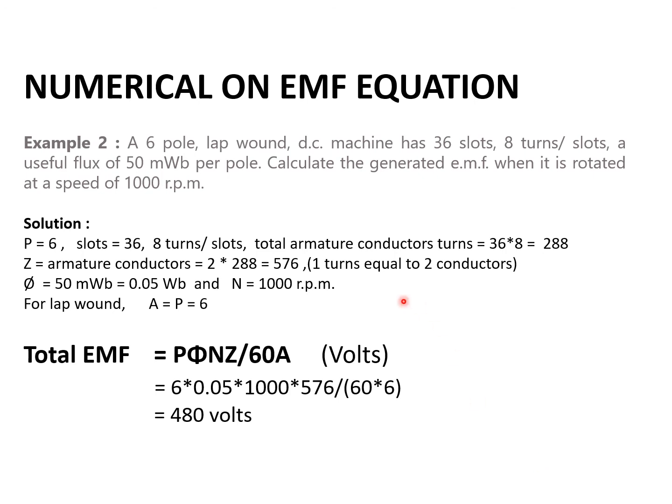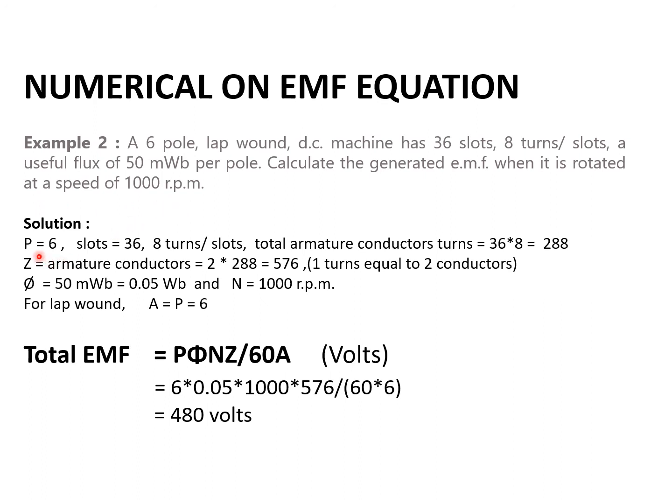In this way you can solve the numerical. Next: a 6-pole lap wound DC machine has 36 slots, 8 turns per slot, and a useful flux of 50 milliweber per pole. Calculate the generated EMF when it is rotated at a speed of 1000 rpm. So what is given?